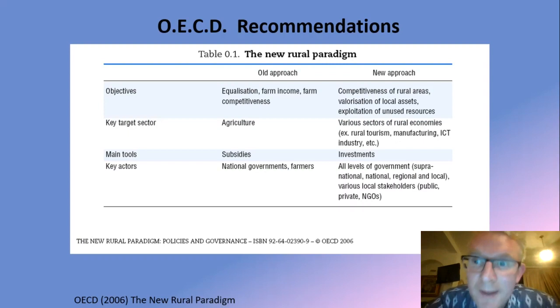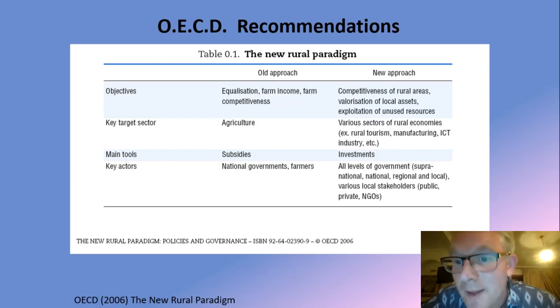And basically, the emphasis has been moved away solely from agriculture, but looking at the diversity and range of economic activities that can take place within a rural area. So no longer is agriculture the key target sector. It now looks at other types of activities such as rural tourism, manufacturing, information communication technologies, and other types of industry.